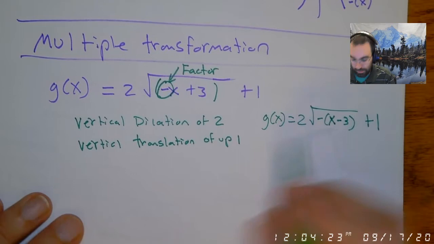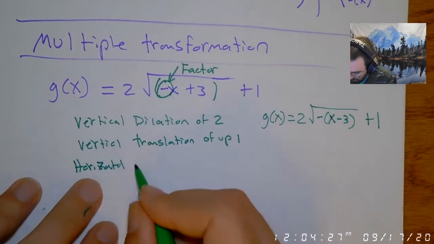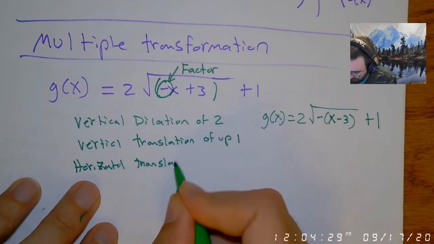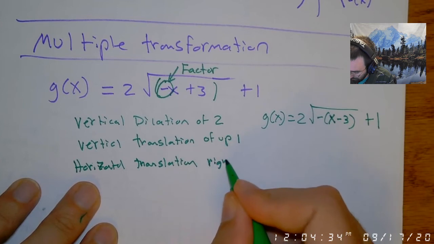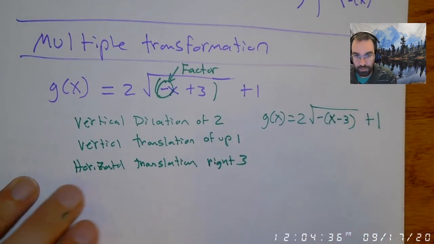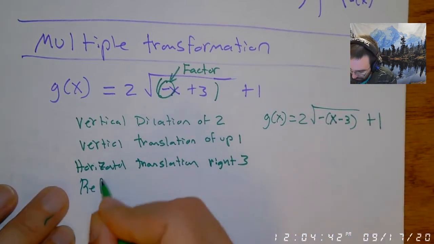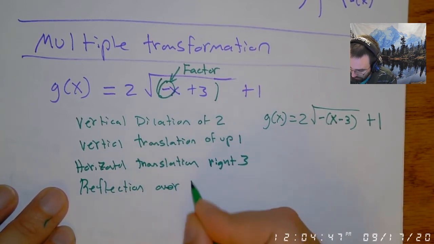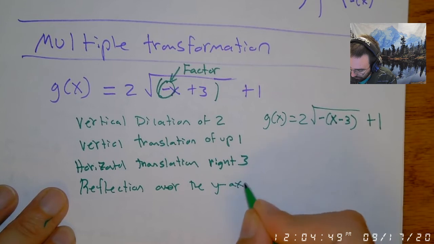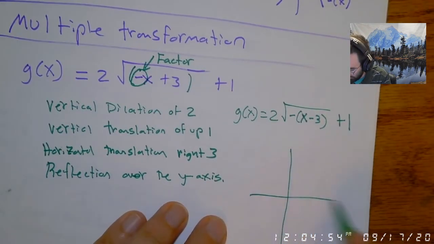So really I have a horizontal translation right 3. Put the T on it this time, Brandon. And then this is a reflection. So I'm going to have a reflection over the y-axis.